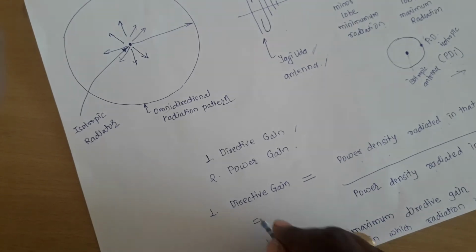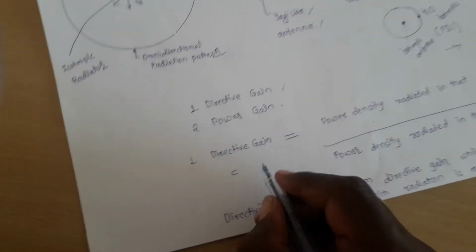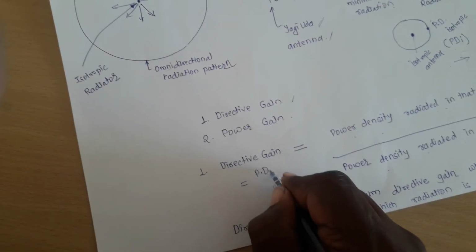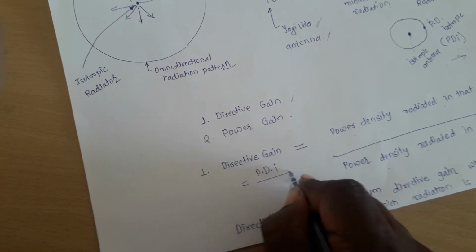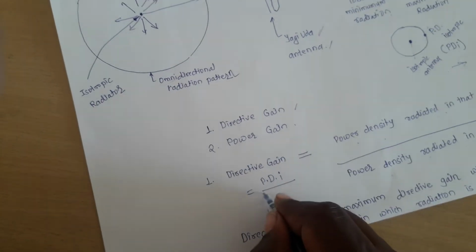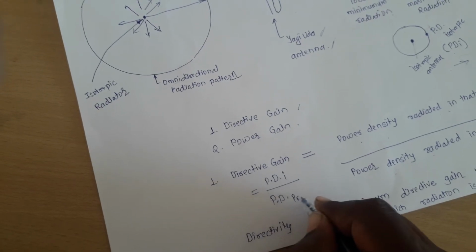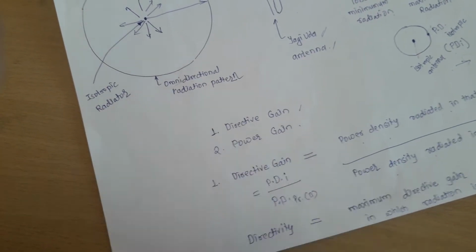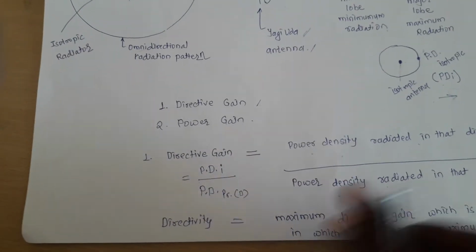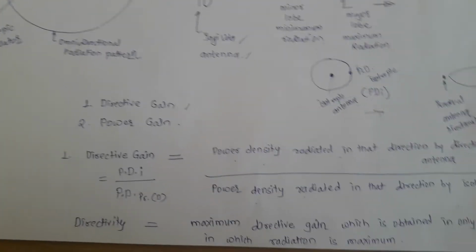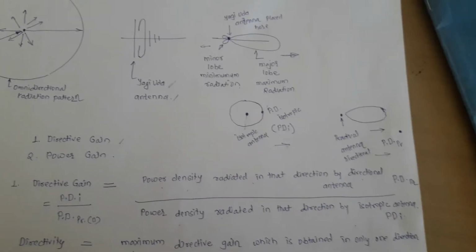So we can say that directive gain is the power density of the directional antenna divided by the power density of the isotropic antenna. Is it clear? This is the first case, the directive gain.